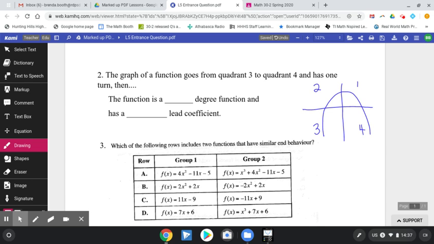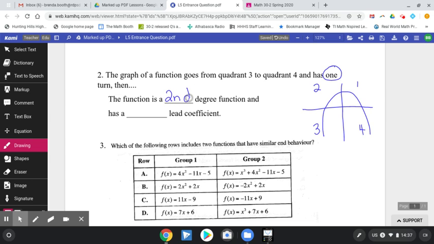It could be, let's see, only 1 turn. I was going to say that any even degree would go from quadrant 3 to quadrant 4. But to have 1 turn means that it would be a second degree.